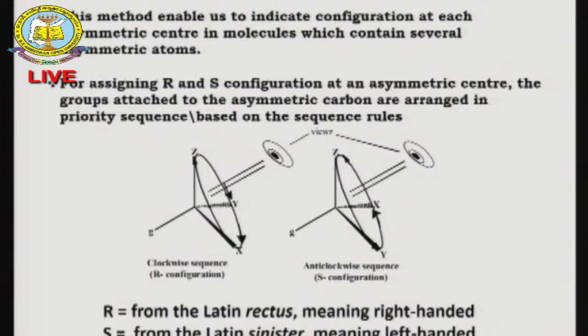For assigning RS configuration, whatever the 4 groups or atoms are attached to the carbon, we need to assign the priorities by following the CIP priority rules.